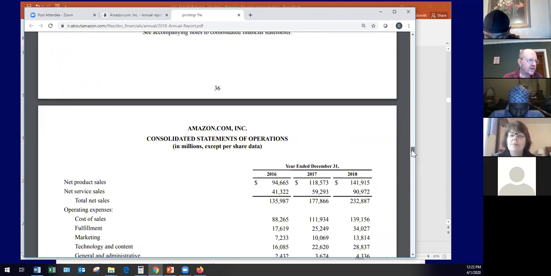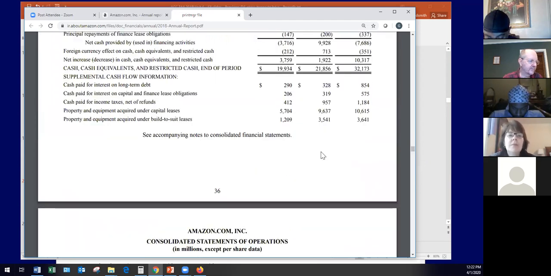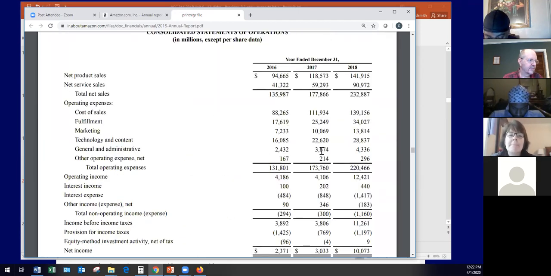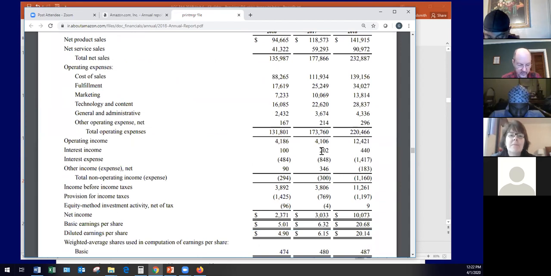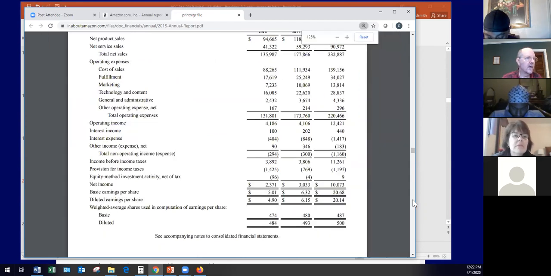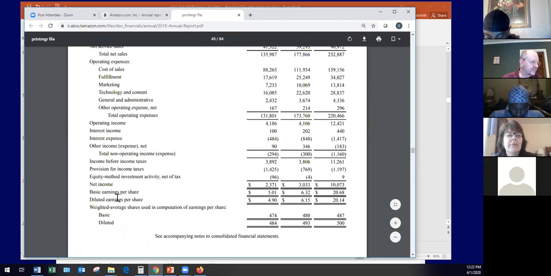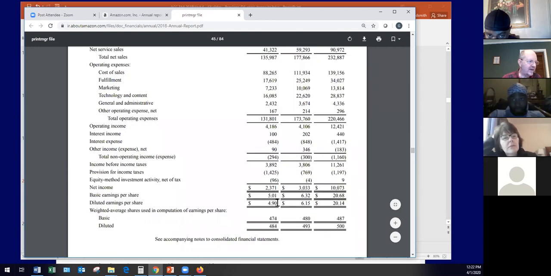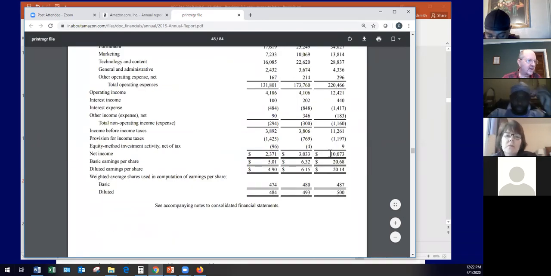Okay, so here is their income statement. And you see here that their net income was for 2018, $10.073 billion.